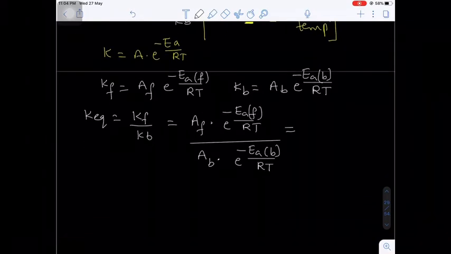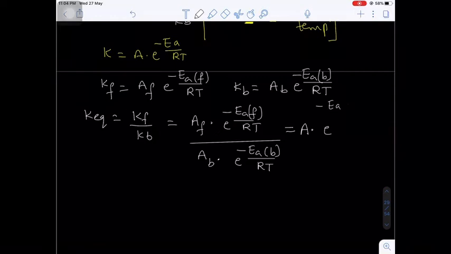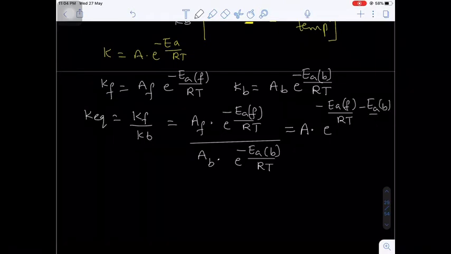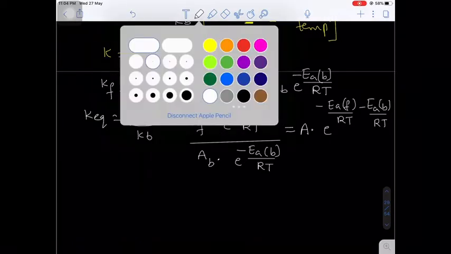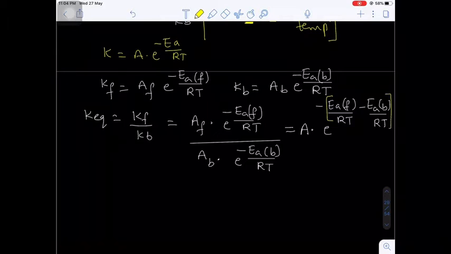Okay. Now here, AF by AB I am writing as a constant A. E to the power, I am writing minus Ea F by RT minus Ea B by RT. So I am taking the minus common.